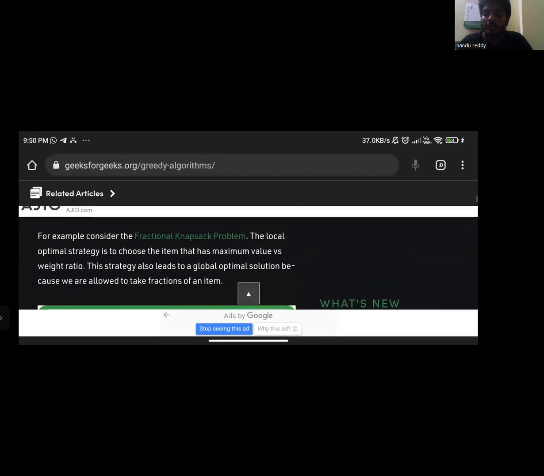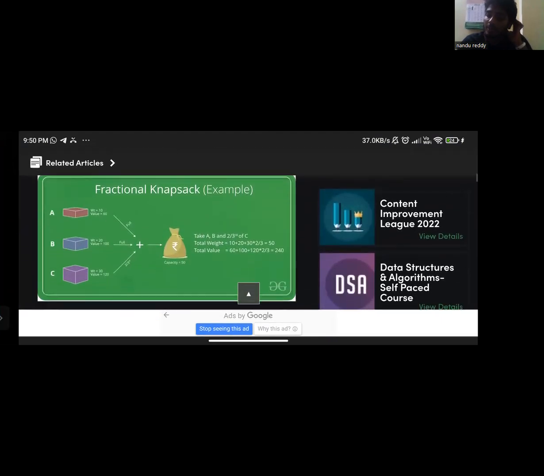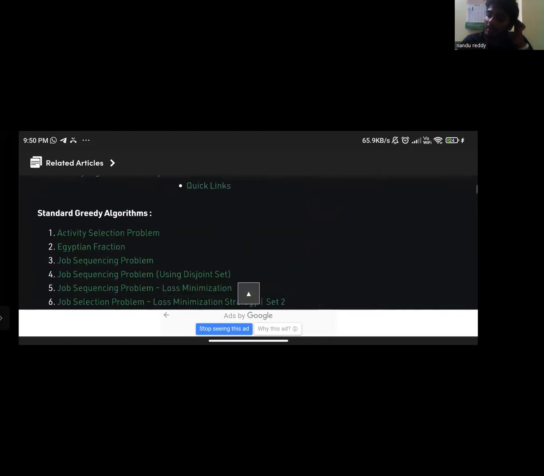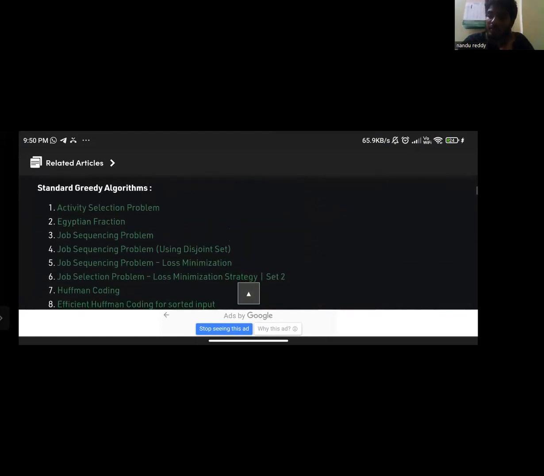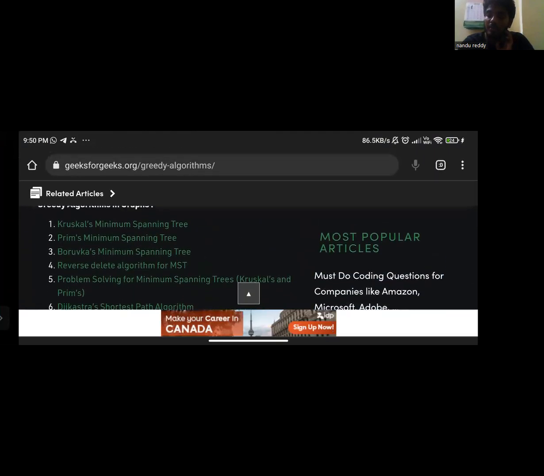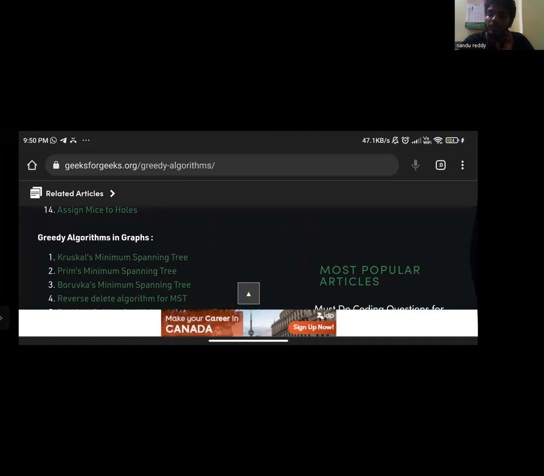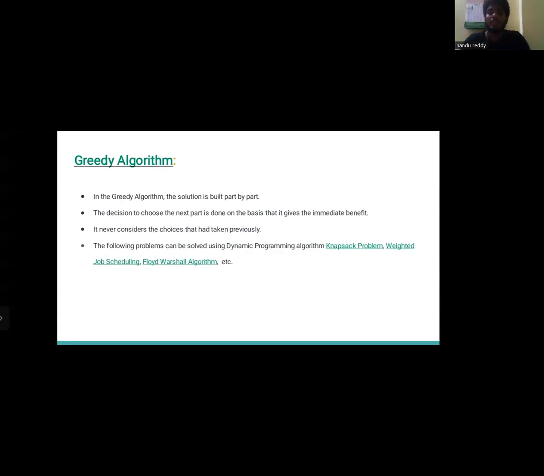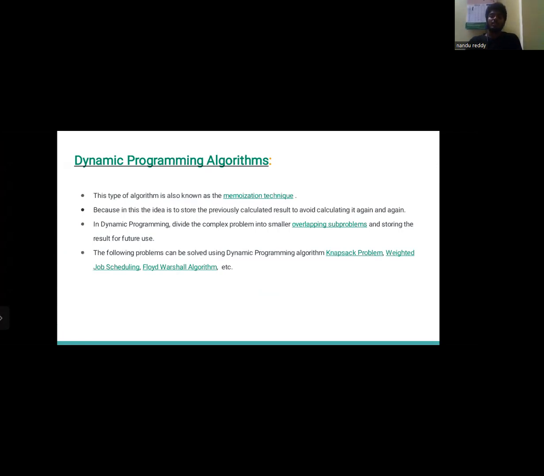For example, the fractional knapsack problem, standard greedy algorithms, activity selection problem. All these greedy algorithms in graphs will be shown. This is all about the greedy algorithm.